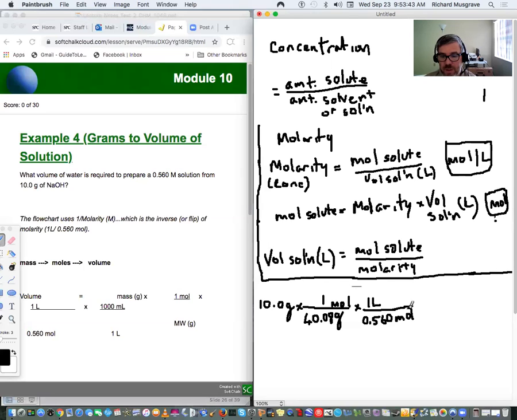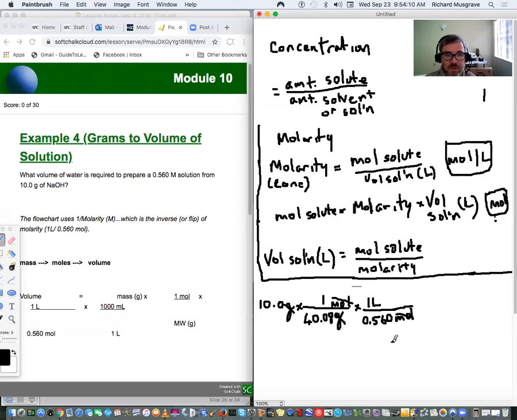So it really is the same thing. The reason we're doing that is so that the units can cancel to give us what we need at the end. So by multiplying by the flip of the molarity, you're essentially dividing by the molarity, which is what the formula requires if you want to get to a volume in liters. Does anybody have any questions?